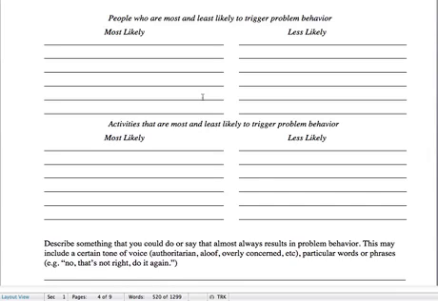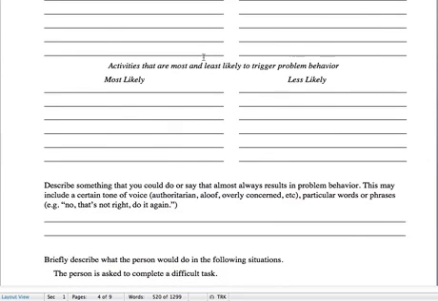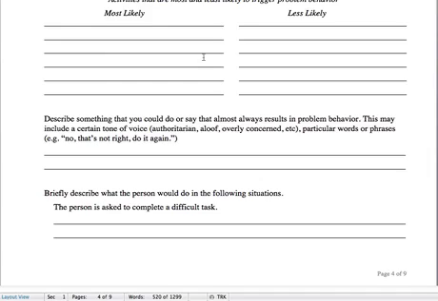And so when we learned that, we thought, well, what the heck's going on here? And we did further investigation, and we learned that that staff person was physically beating the individual. So we dealt with that. And then lastly, the activities that are most likely and least likely to trigger the problem behavior.